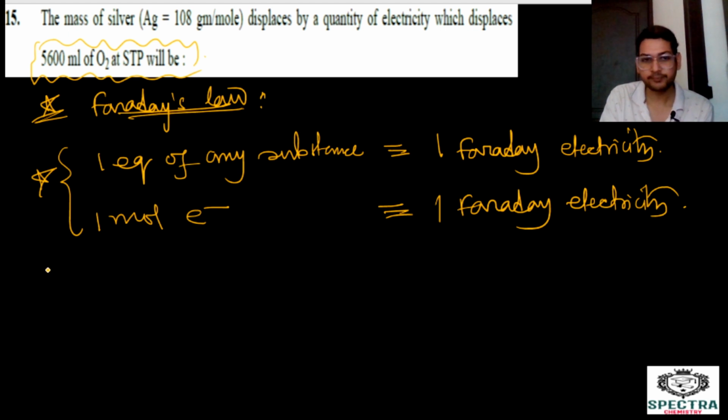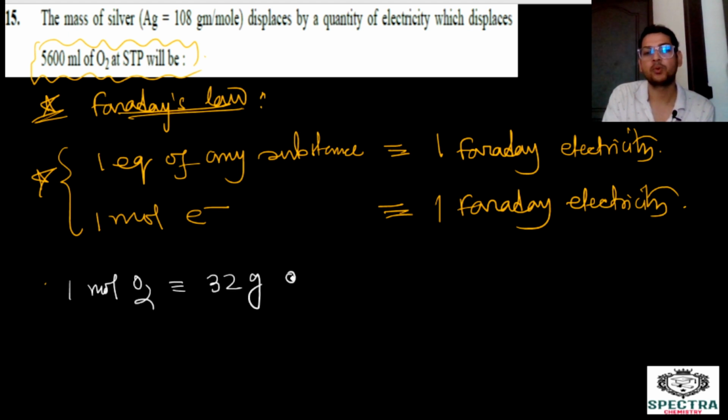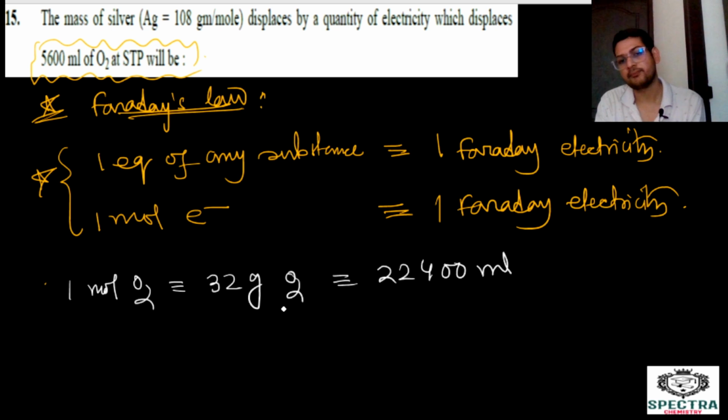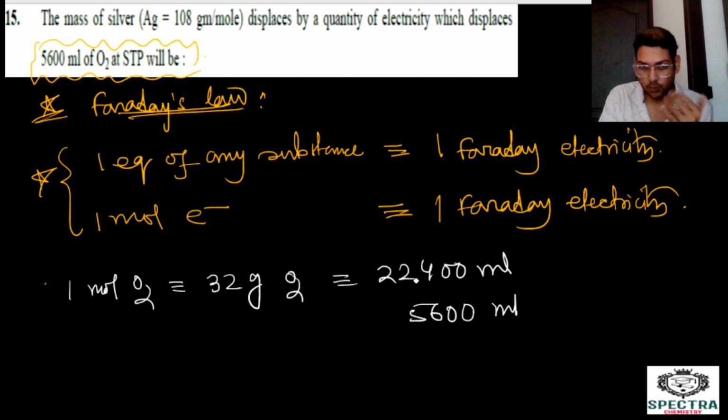No problem. You know this thing, na? That 1 mole O2 means 32 gram O2, which means 22400 ml. Got it? Now you are having 5600 ml, that means just 1/4.